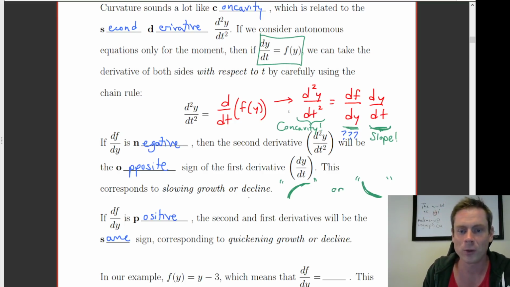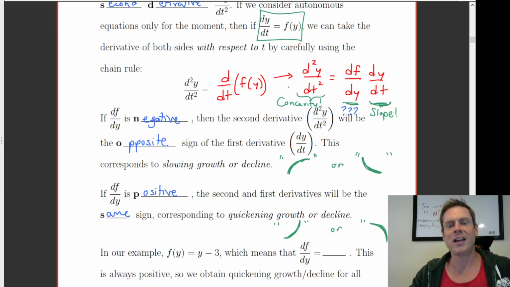And that corresponds to one of these two pictures. If I'm going up quicker and quicker, which is this. Or if I'm going down quicker and quicker. You get one of those two pictures, the other two, okay?